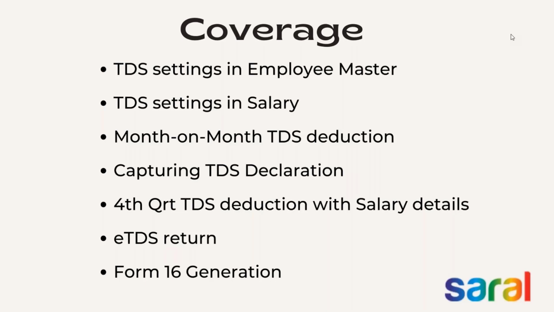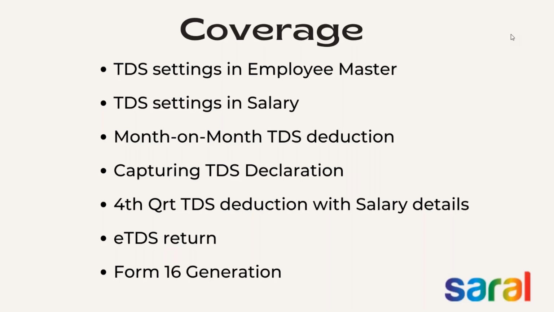By this time you might have already done your 9 months or 10 months of TDS deductions from the salary. So 10 months of salaries are already processed, and by this time we have already finished with that. But again, I'd like to revisit that point of month on month TDS deduction, and also the very important part, which is TDS declaration capturing.